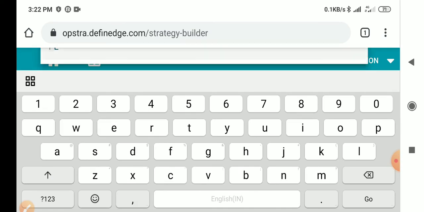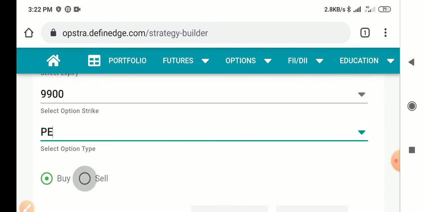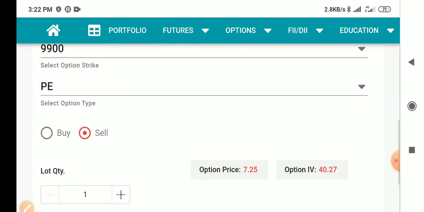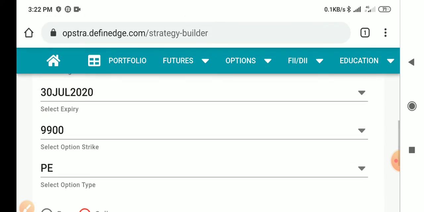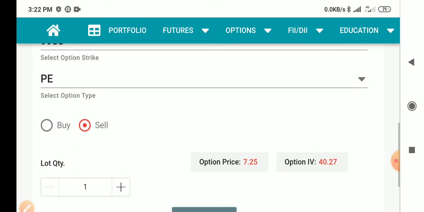I want to sell the 9,900 30th July expiry option.